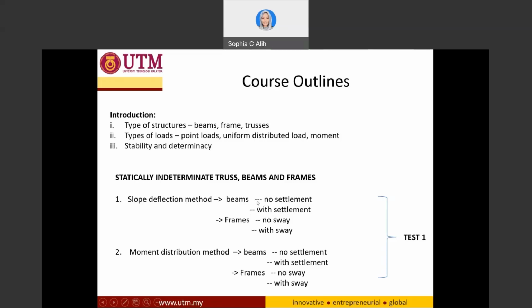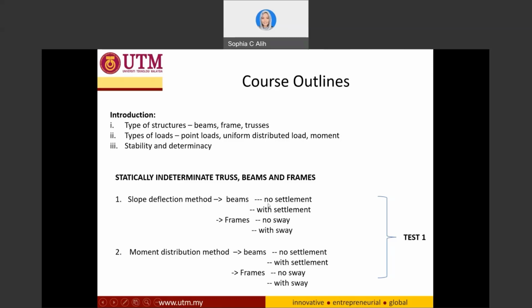So for this video, I'm going to cover the slope deflection method for beam when there is no settlement and when there is settlement. As mentioned, another video will be prepared for the shear force and bending moment diagram, separate from this video, because the method and concept is similar for every other method.